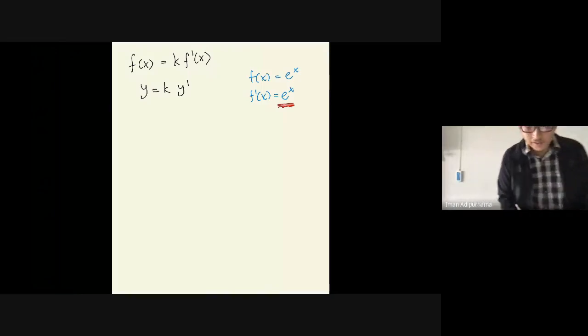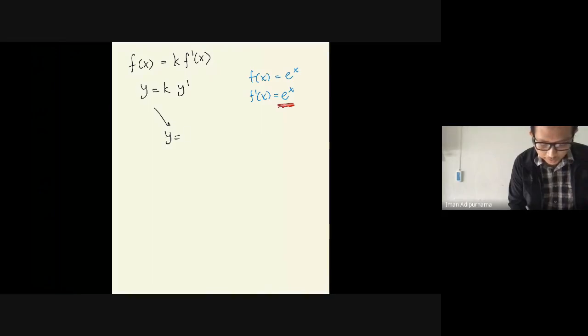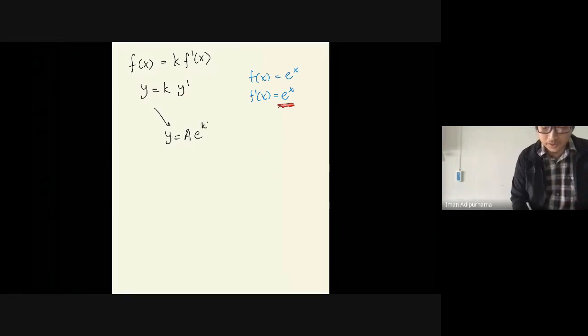So we can use this to make our functions look like e with some, let's say I will change the x to kt. So when we derive this, it will be ka e kt, and this will be another constant k.